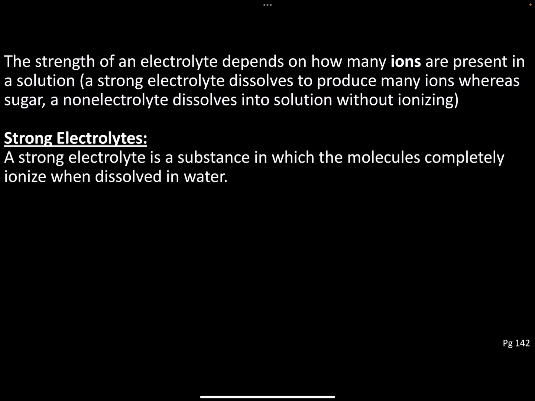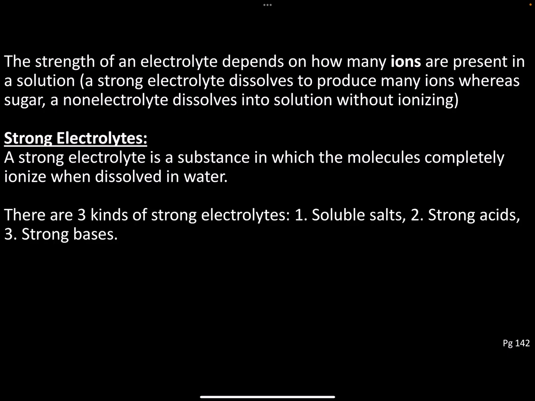Now, a strong electrolyte is a substance in which the molecules completely ionize when it's dissolved in water. There are three kinds of those strong electrolytes: soluble salts, strong acids, and strong bases. Now, we typically think of bases and acids being opposite, and when it comes to the pH scale, they kind of are. Bases are measuring the amount of OH- ions, and acids are measuring the amount of H+ ions.